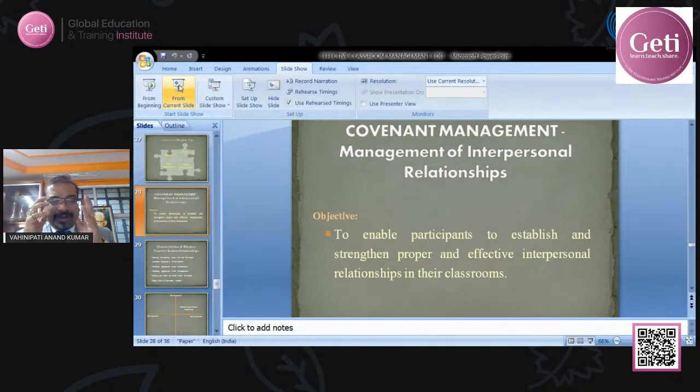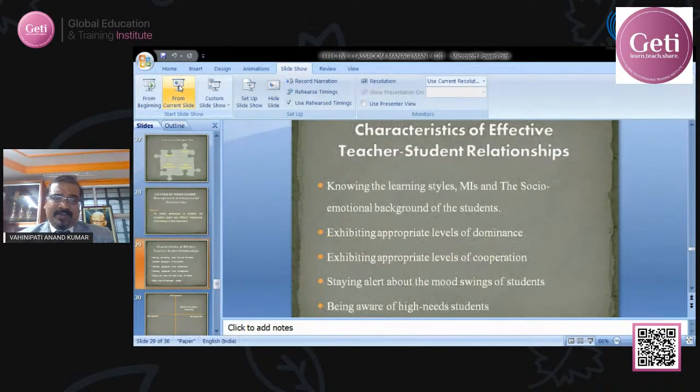And if you are connected to the students, you have a special bonding with them of love and affection, wonders will happen. You will be the God for them, and they will never forget, they will always follow you. So the objective of this part is to enable the participants to establish strengthened, proper, and effective interpersonal relationships in their classrooms.